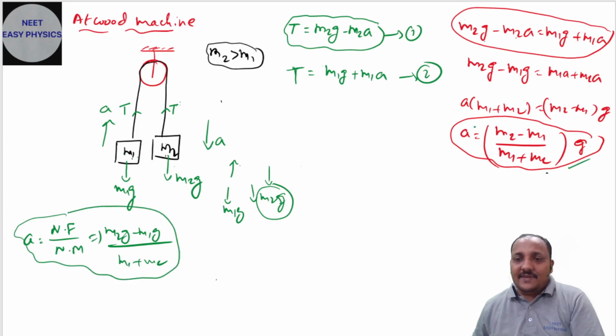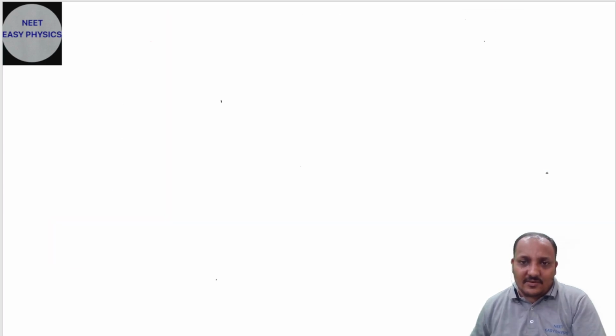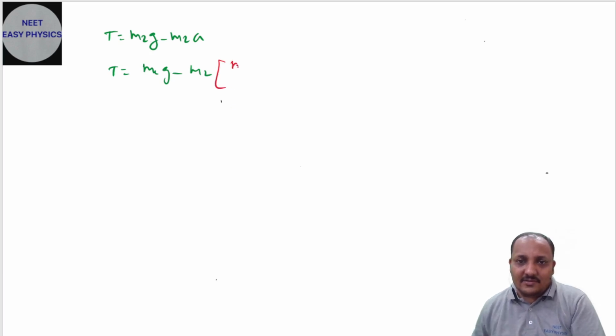Next, after getting this, put this A in the tension equation. From equation 1, T is equal to M2G minus M2A. What is the acceleration we got?